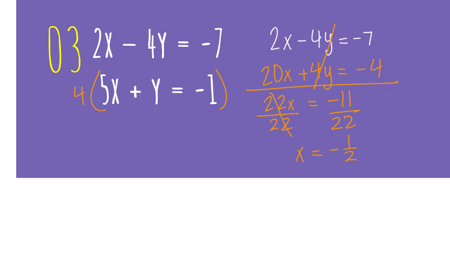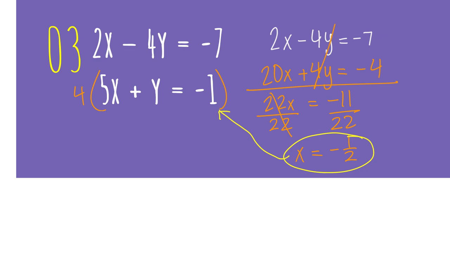So I have a fraction again. I'm going to take that fraction and plug it into x. Now for this case, I'm going to plug it into my bottom x. Why? Because y is already by itself, and to me that is easier, so I'm going to just plug it into that.